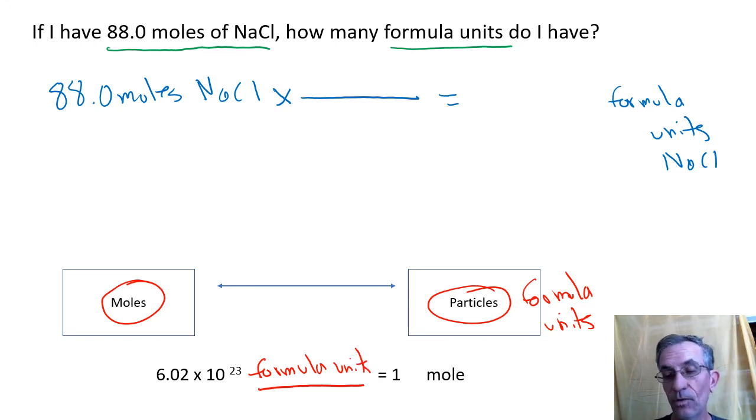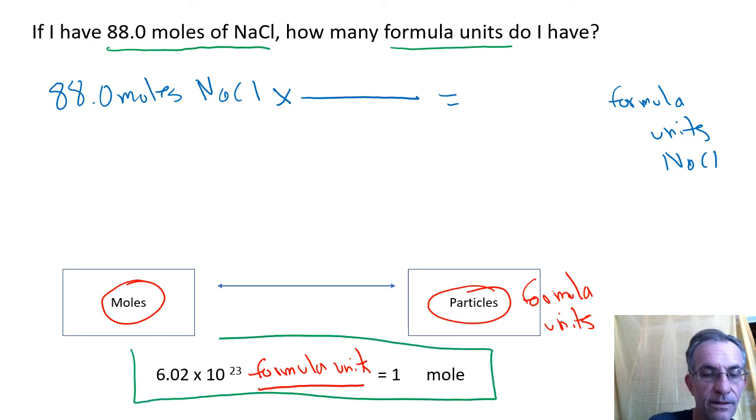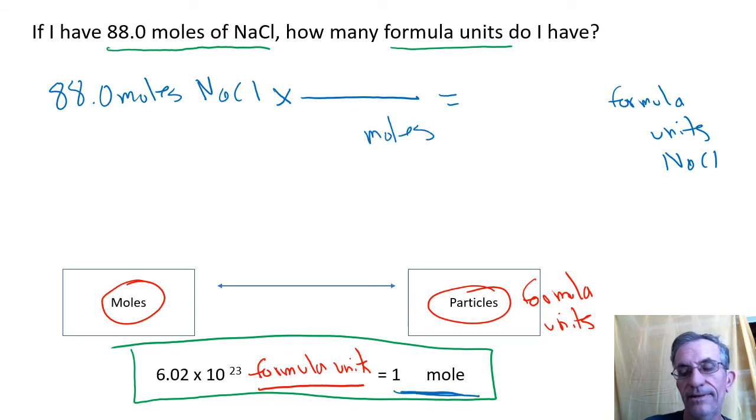All right, so at this point, I think we're in pretty good shape. We got our beginning number, 88 moles. We got what we're trying to solve for, formula units. And we got our conversion factor. All right, let's just use it. Moles are on top. So where does moles need to go to cancel? On the bottom. So you would put mole down here. Now let's take a look at that conversion factor. 1 goes on the bottom.